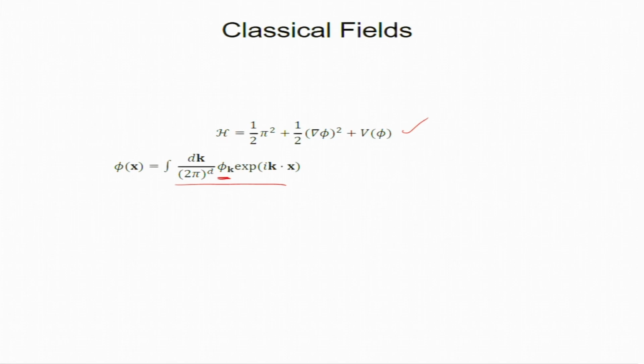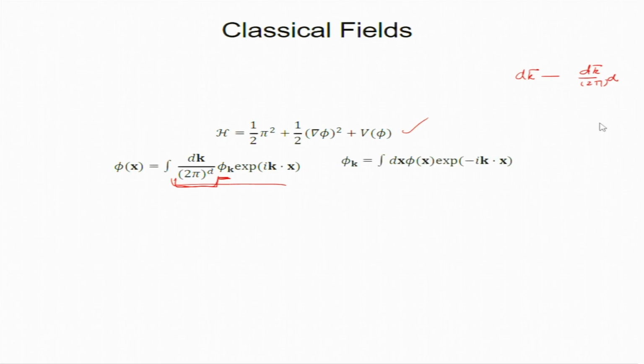Phi k is the Fourier amplitude, the amplitude of the waves. Now, we assume this normalization, and we are assuming the box to be infinite. As I said, you will always encounter not dk, but dk by 2 pi to the power d, where d is the dimension of space, which could be 2, 3, 4 or higher as well.